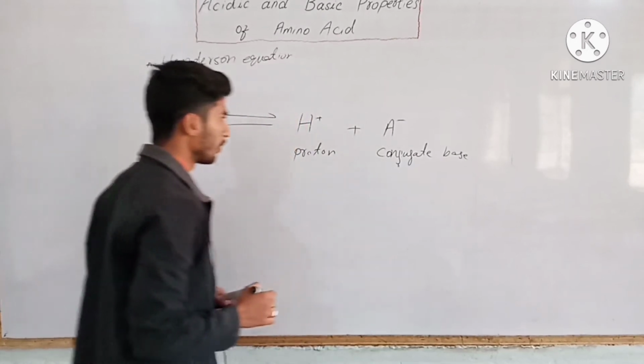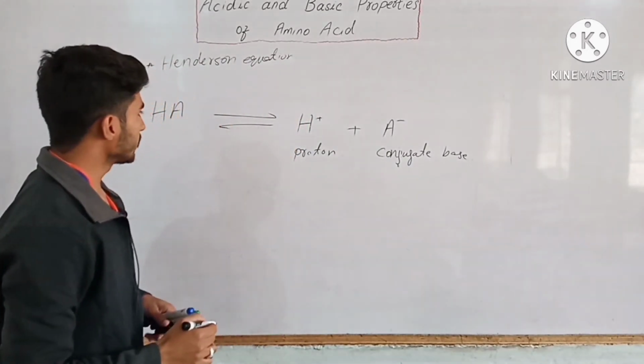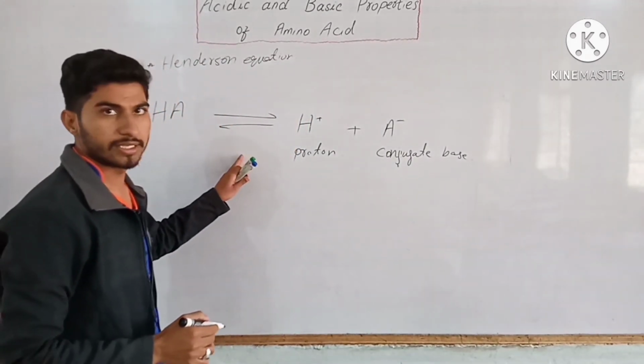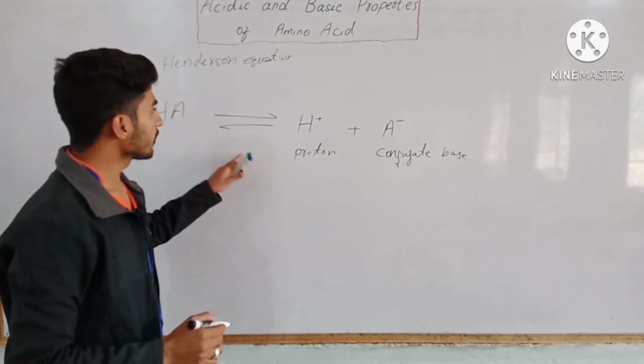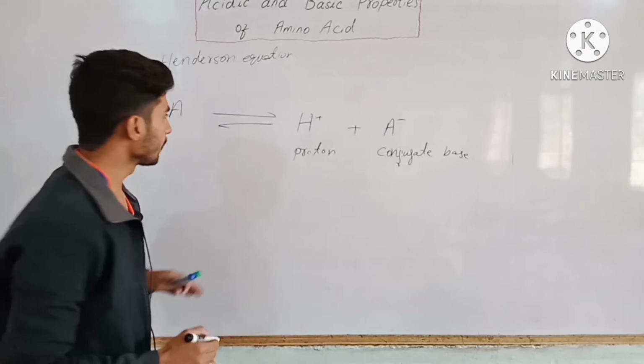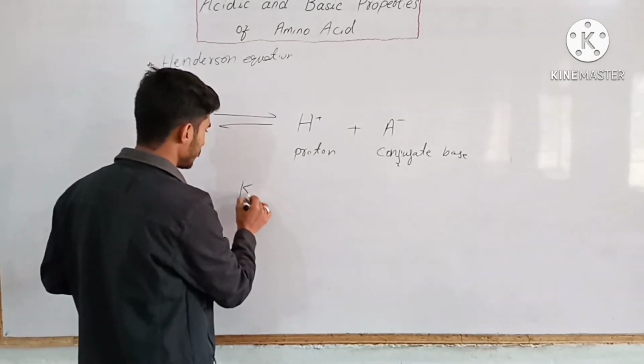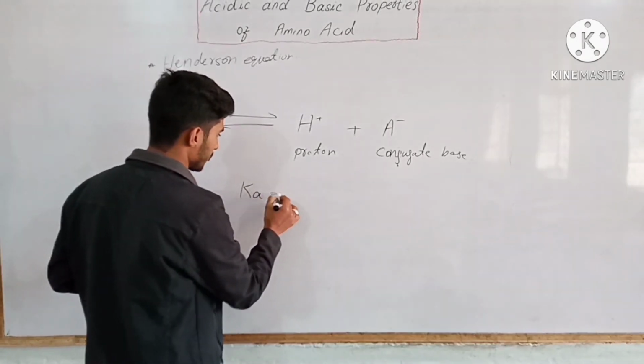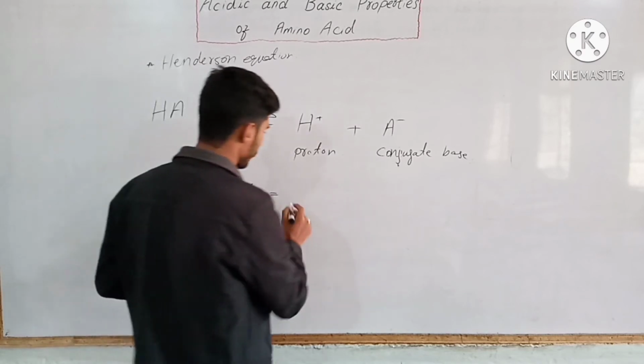Now we will calculate its dissociation constant, which will tell us how acidic this amino acid is. Ka is known as the dissociation constant of an acid.